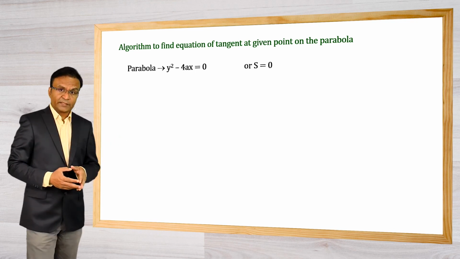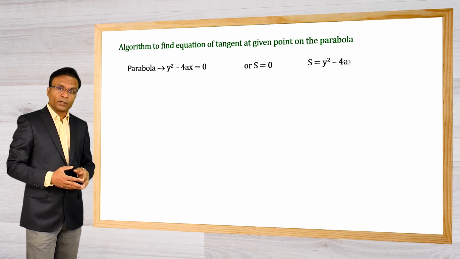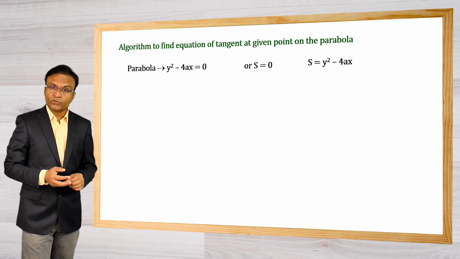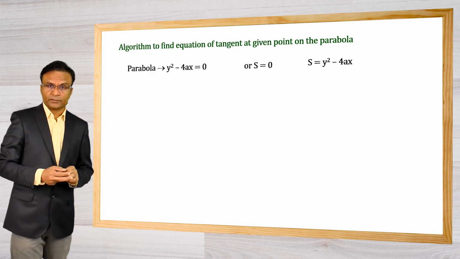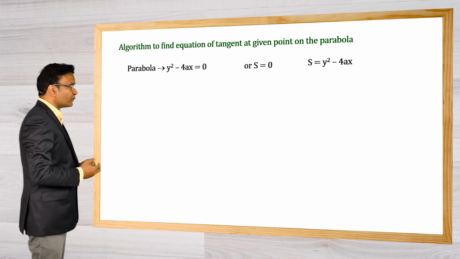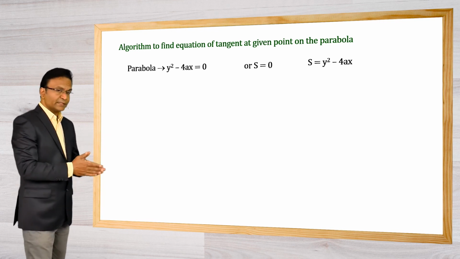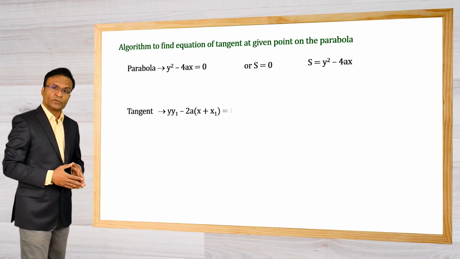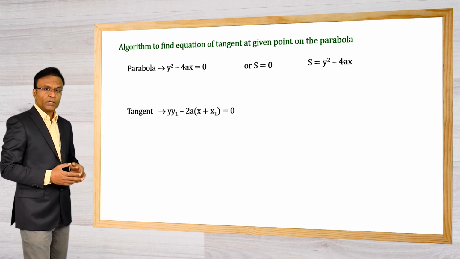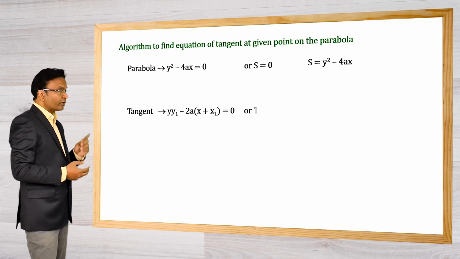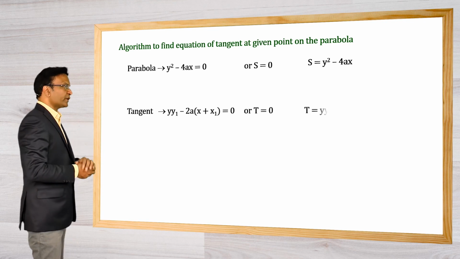Here S is the expression for the parabola. It can be the expression for an ellipse or hyperbola or circle. Now the equation of tangent at any point x1 y1 on this parabola is y y1 minus 2a times x plus x1 equal to 0. We consider this equation as T is equal to 0, where T is this expression.